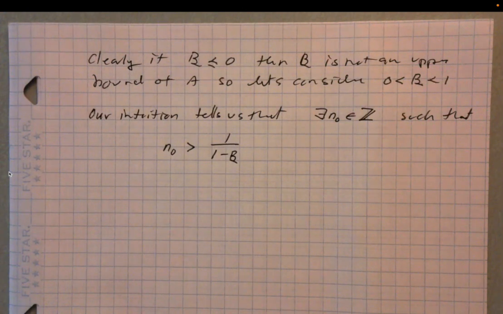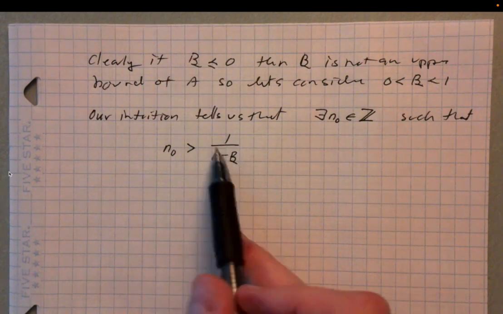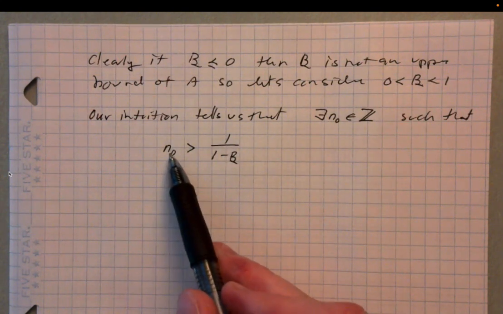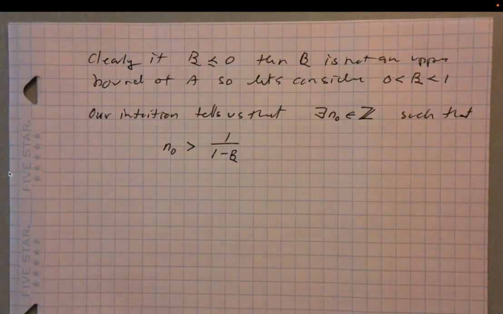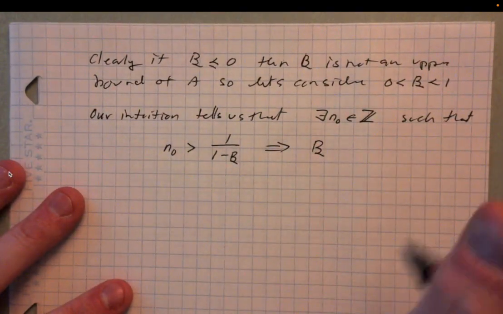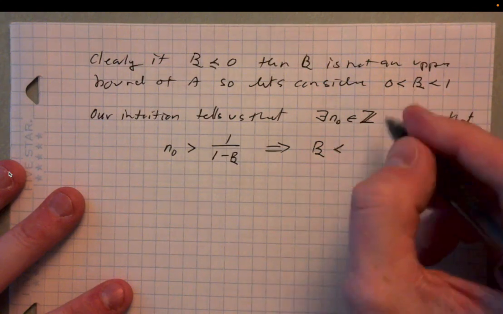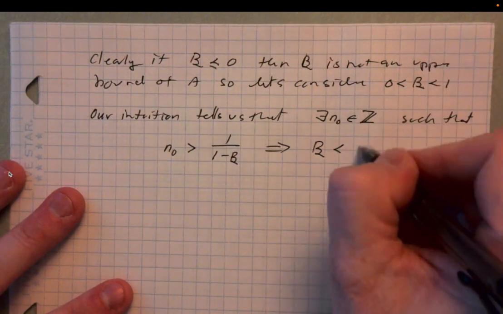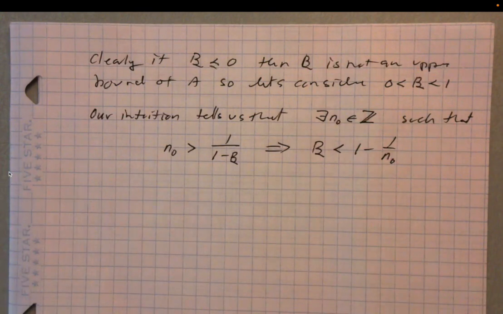Whatever that number happens to be, there's going to exist some integer greater than it, right? That's a very simple thing to accept, honestly. No matter what finite thing you plug in, you're going to get some number, and I can always find an integer larger, can't I? Of course I can. Okay, do a little bit of arithmetic, a little bit of algebra on this, and you'll see that that's going to imply that beta is less than 1 minus 1 over n naught.